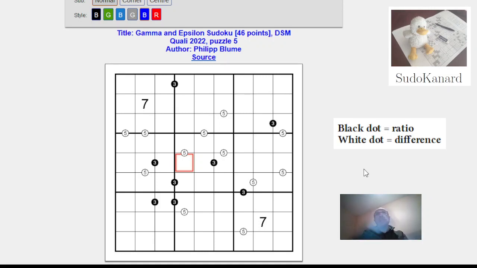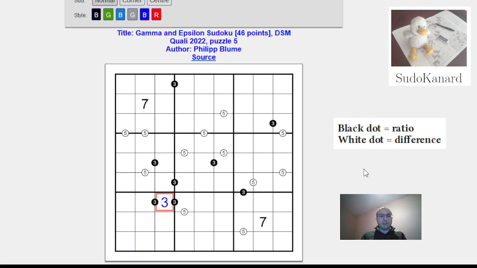It's my belief that the inventor of this variation and the promoter of this variation is Toganus, but you can tell me if I'm mistaken. So it was worth 46 points, which was not that much compared to other puzzles. But those other puzzles will appear on the channel later. So let's begin with this.